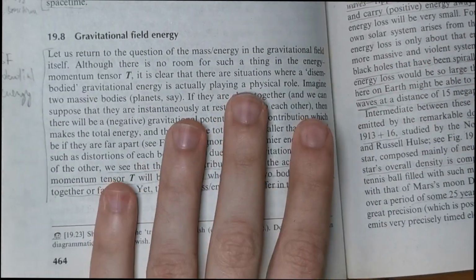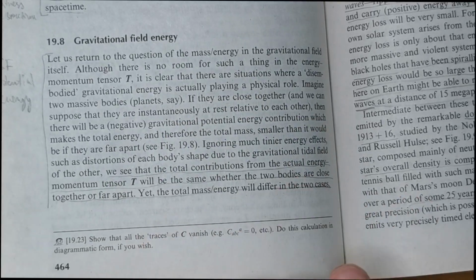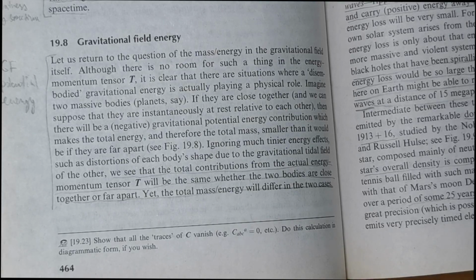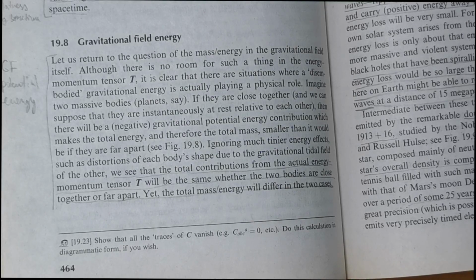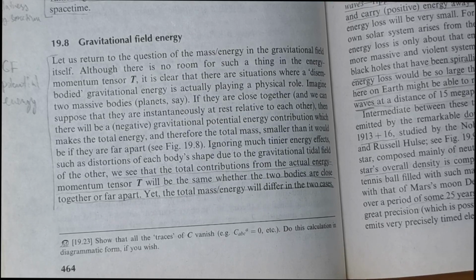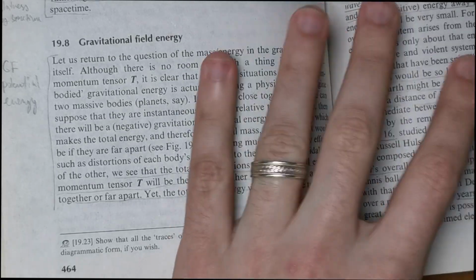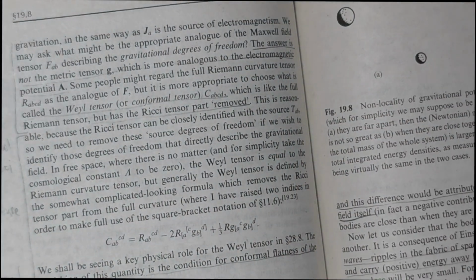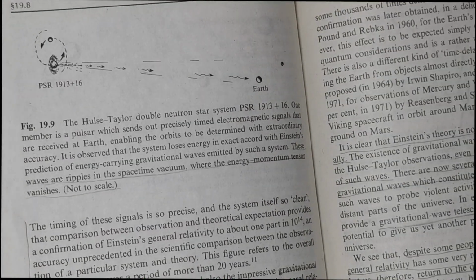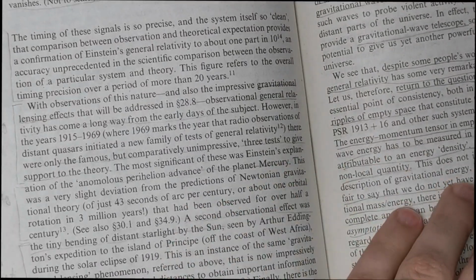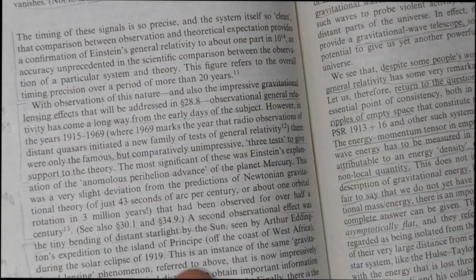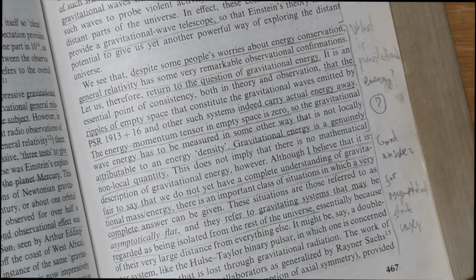Just to summarize subchapter 19.8, he talks about gravitational waves here, gives us some information about the negative potential contribution of the gravitational energy in the system of two planets on the figure 8, and also talks about some observational confirmations, the history of general relativity, and just scratches the surface of how we can understand and describe gravitational energy.